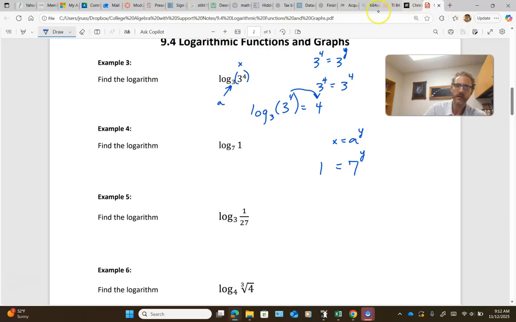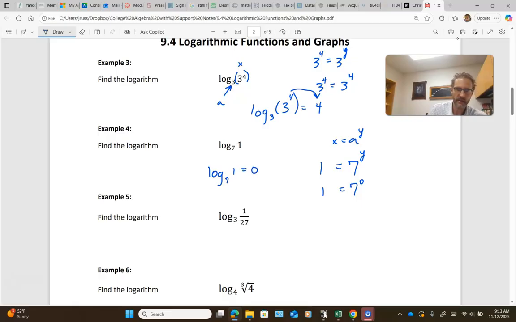In other words, the base here, 7, raised to what power is equal to 1? Well, we talked about this last class. It has to be 0. That's the only exponent that you can give 7 and have it be equal to 1. 7 to the 0 power is equal to 1. So log base 7 of 1 is equal to 0.